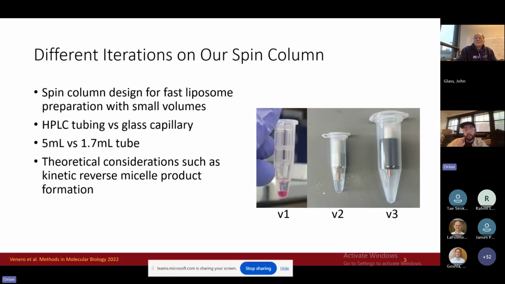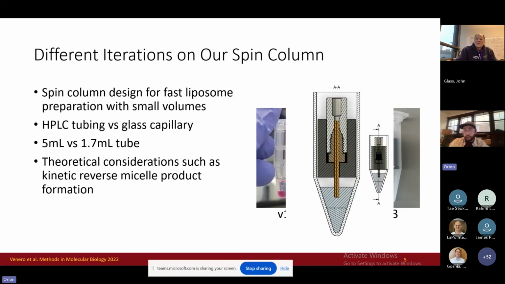And so the absorption of lipids to the aqueous droplet in the oil layer is kinetically limited. So there are just different considerations to think about in terms of liposome formation.